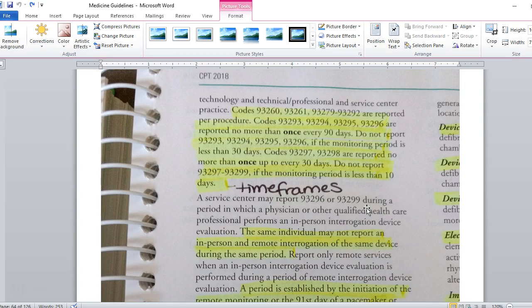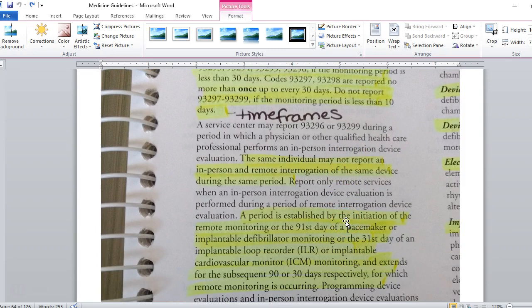Codes 93297 and 93298 are reported no more than once every 30 days. And do not report 93297 to 93299 if the monitoring period is less than 10 days. So again, always come back to your time frames when it comes to these devices, because these devices have very specific time frames when we can and cannot code them out.